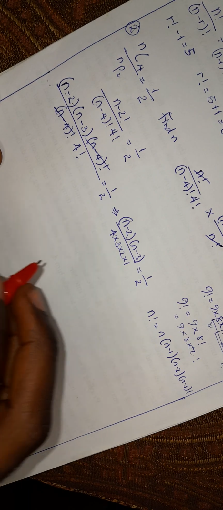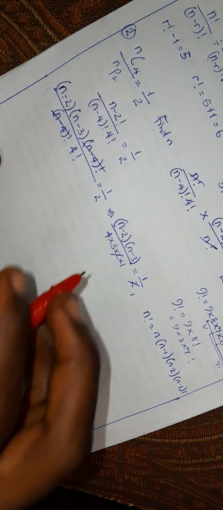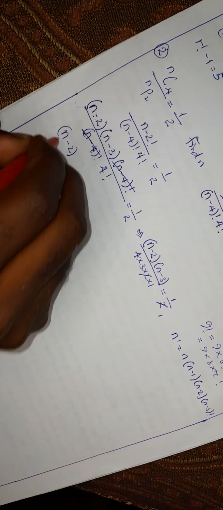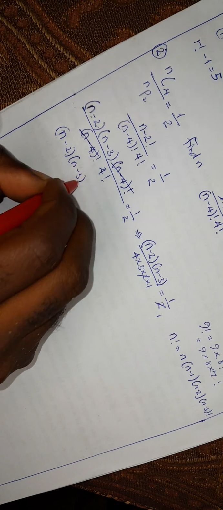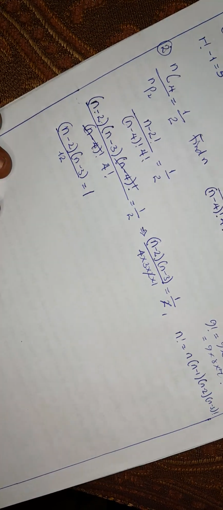Alright, so 2 can eliminate this. So I'm having n minus 2, n minus 3 over 12 equals 1.